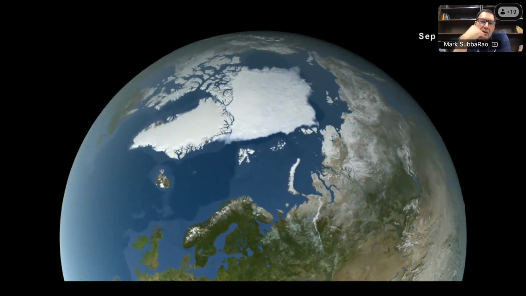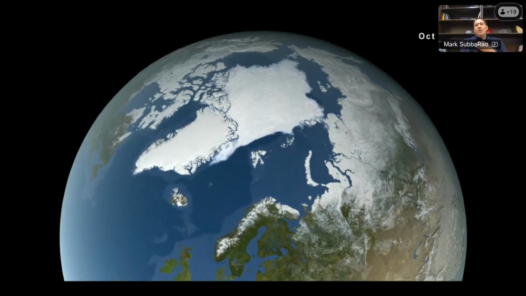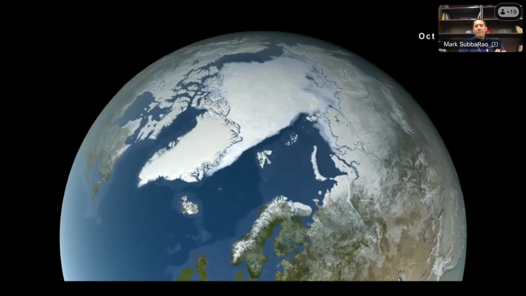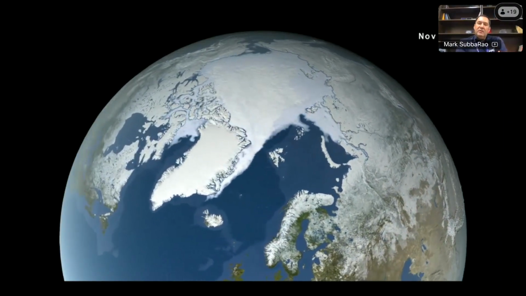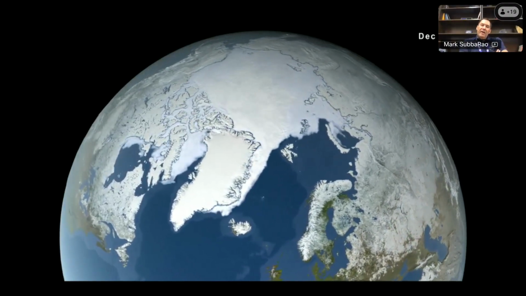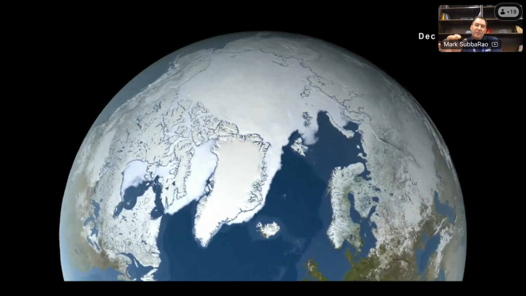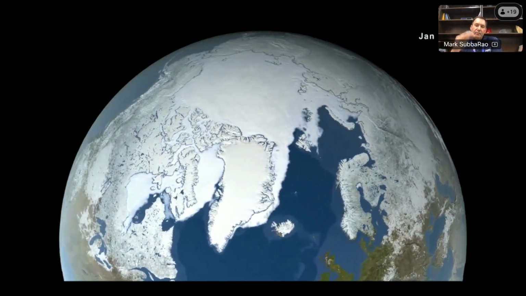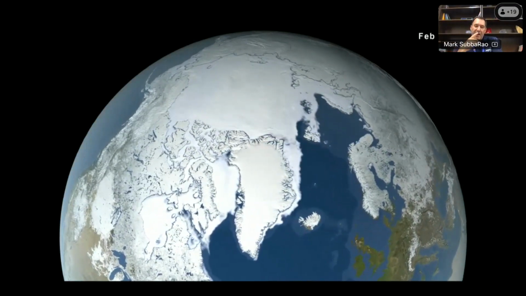And we also will do visualizations for key natural events. So in this case, we're looking at a visualization that's going to show Arctic sea ice maximum. It is showing you the progression, the growth of sea ice from Arctic minimum all the way to Arctic maximum.